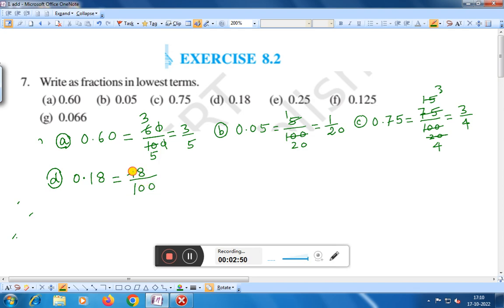You divide both the numbers by 2, that is 2 9s are 18, and 2 5s are 10, 0. That is equal to 9 by 50.